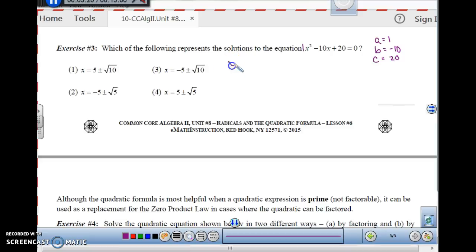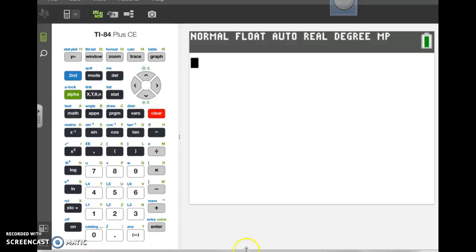So plugging in your values, x equals negative b would be positive 10, plus or minus the square root of b squared, negative 10 squared, minus 4 times 1 times 20, all over 2 times 1. All right, so I'm going to do this in the calculator. I'm going to make sure my parentheses are around my negative 10.